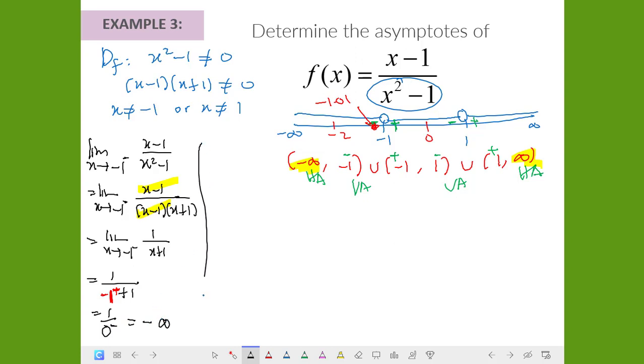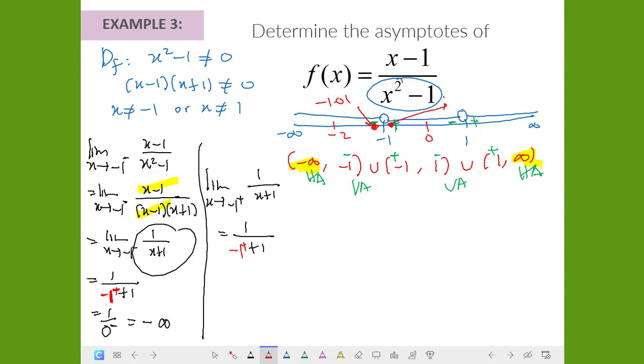Then for the limit as x approaches negative 1 from the right, I take this function so we don't have to do it twice. Substitute negative 1 from the right, say negative 0.999.